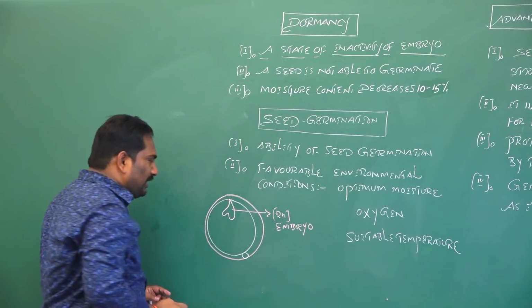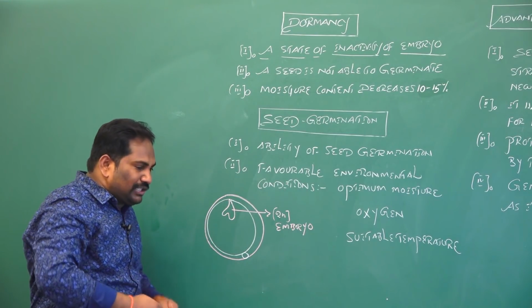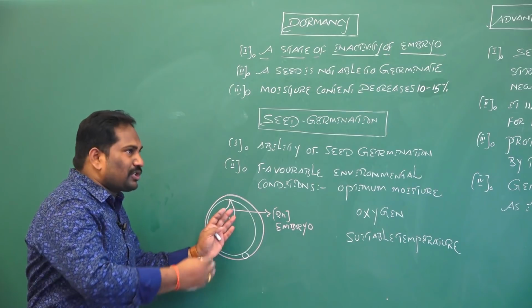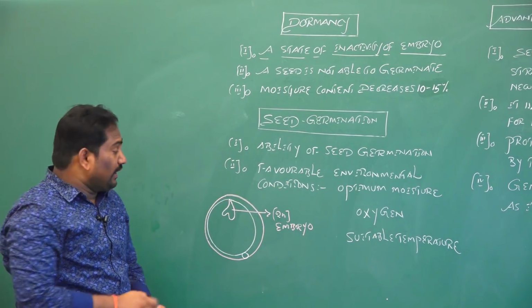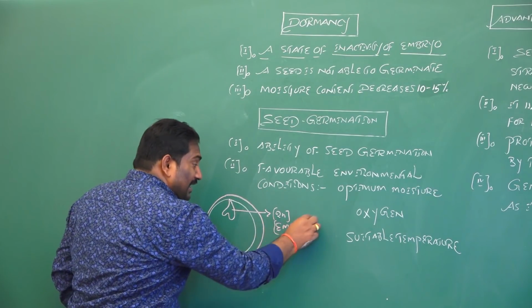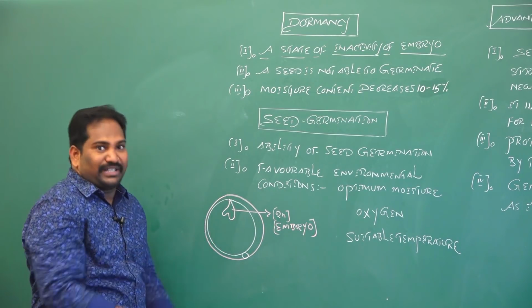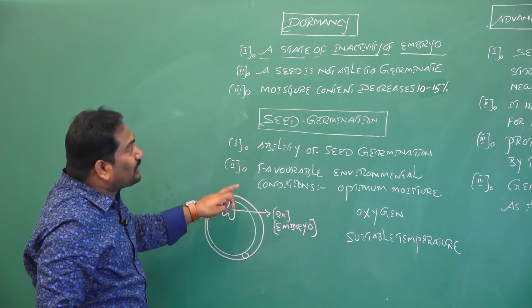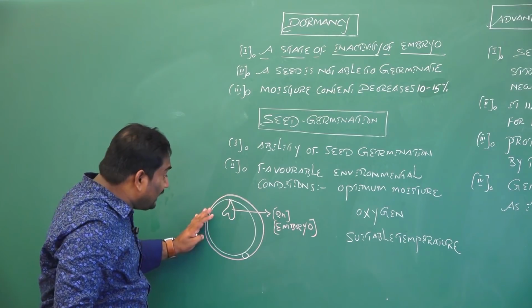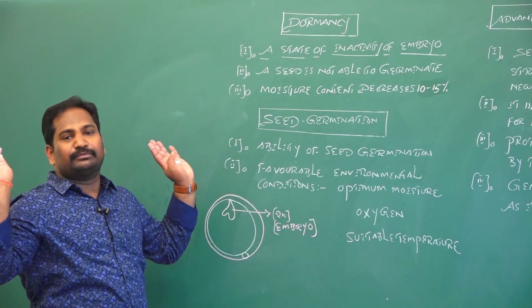This structure is generally responsible for the continuity of the species, that means the formation of the next generation or next plant. If this embryo is not activated, when the embryo goes into an inactive state, then the seed is unable to germinate.